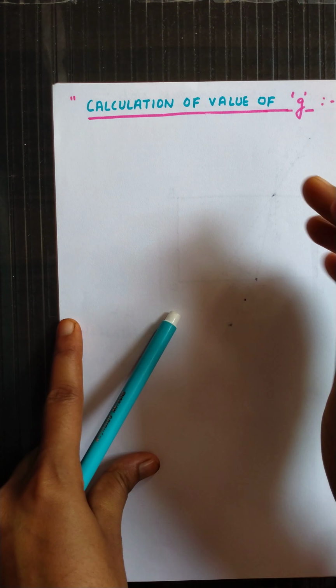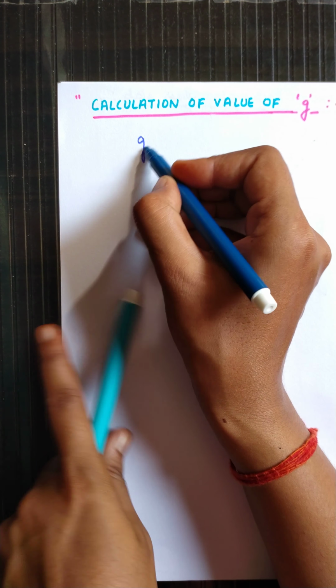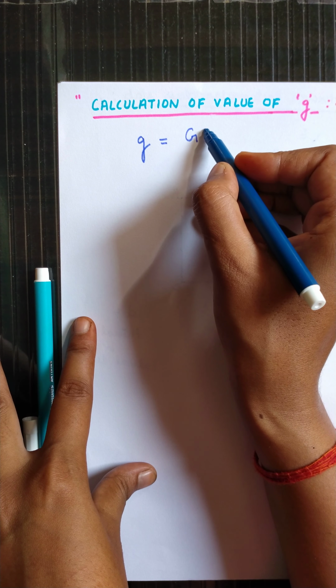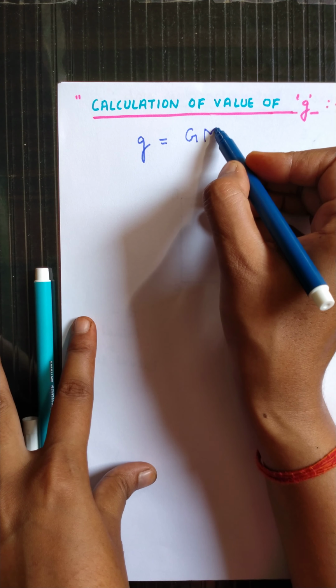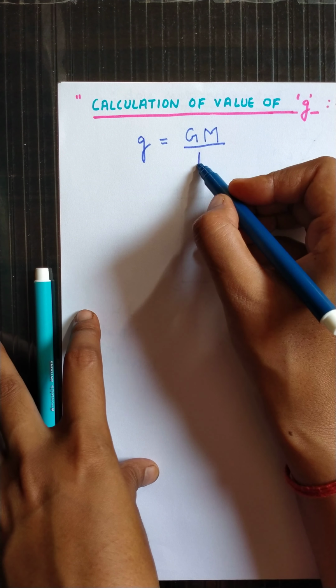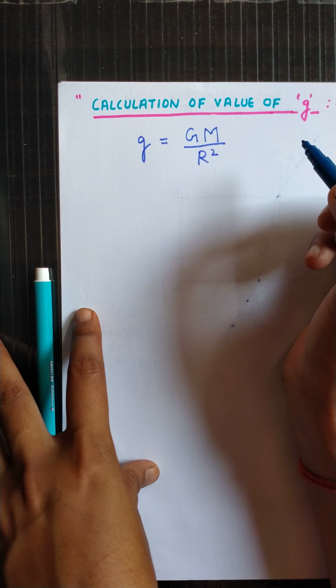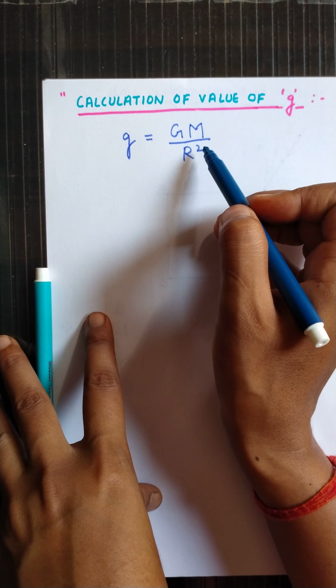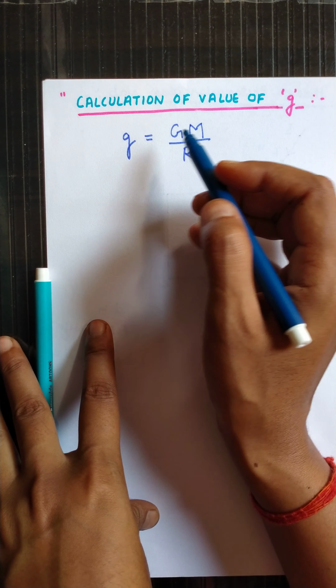You know that the gravitational acceleration small g will be equal to capital G, that is the universal gravitational constant, capital M, that is the mass of earth, upon the radius of earth squared. So this is the equation. We will put all the values here and then calculate the value of g.